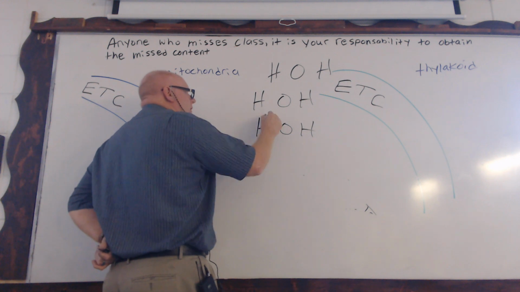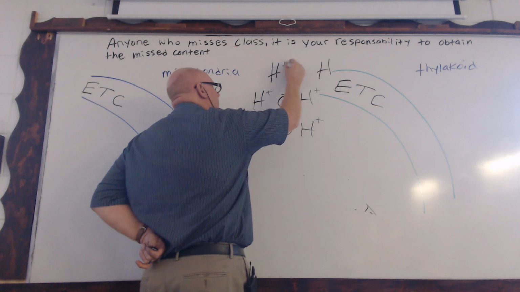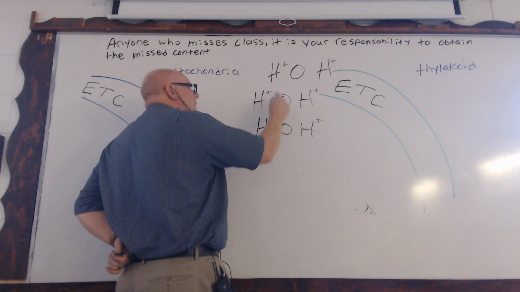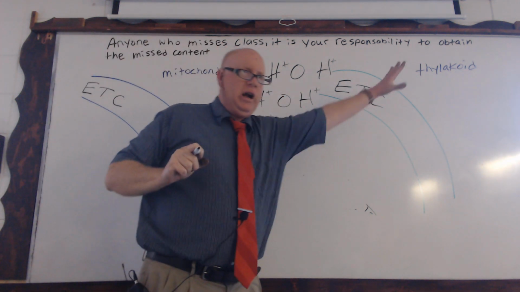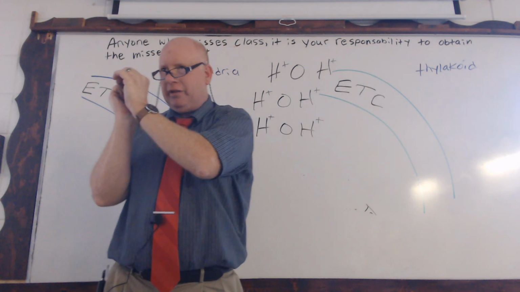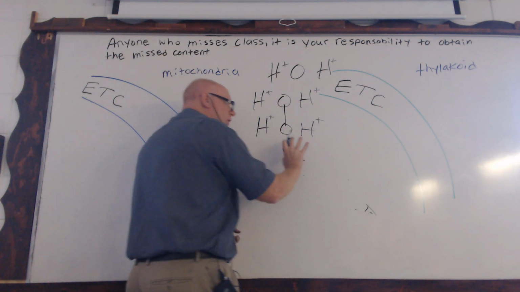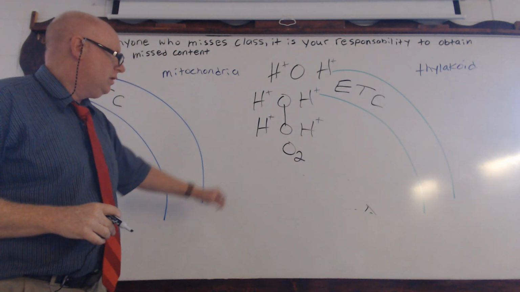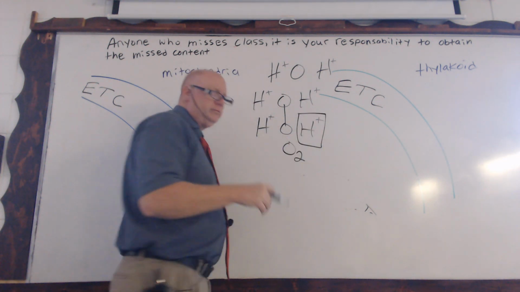These hydrogens are positively charged. So what would happen to these molecules of oxygen? Oxygen can't be alone. It has to be together. You have to have two of these. That's why we say oxygen then will leave and be released to the atmosphere. These are driving the electrons.